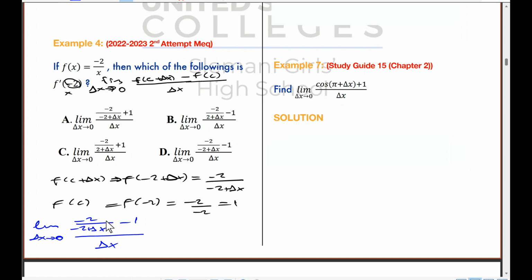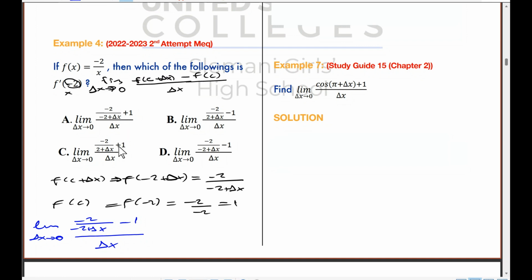Negative 2 over negative 2 plus delta x. I think I made a mistake when I typed these questions.